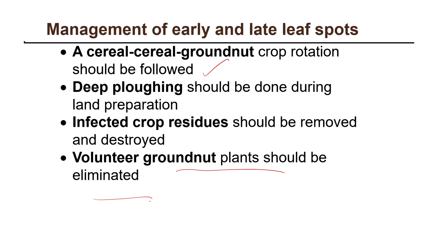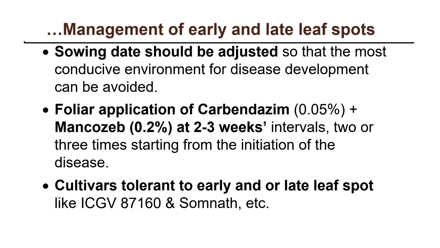So, these measures are necessary, and then sowing dates should be adjusted so that the most conducive environment for disease development can be avoided. And then foliar application of carbendazim. Carbendazim is also known as Bavistin. The concentration is 0.05% plus mancozeb 0.2% at 2 to 3 weeks interval. So, you need 2 to 3 times spraying of these fungicides together, starting from the initiation of the disease.